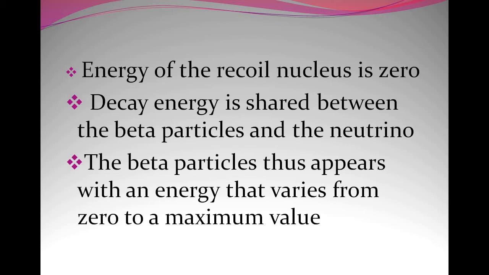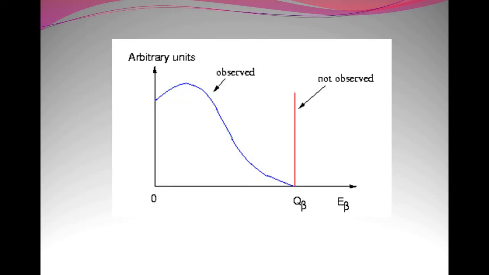That means the energy of beta is not constant. It varies. If the whole energy is carried away with the neutrino, beta particles are just emitted with zero kinetic energy, or the electrons will have zero energy, that you will see. Or it can have a maximum energy with the energy given to neutrino is 0.